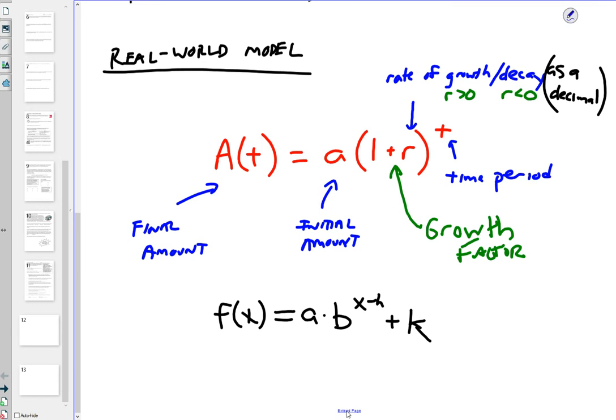What used to be our output, which is the f of x, the y, what does that become in a real world model of an exponential function? If you can understand my handwriting. The final amount. Yeah, whatever it is that you're counting, the measurement, it's after you've undergone this exponential change.